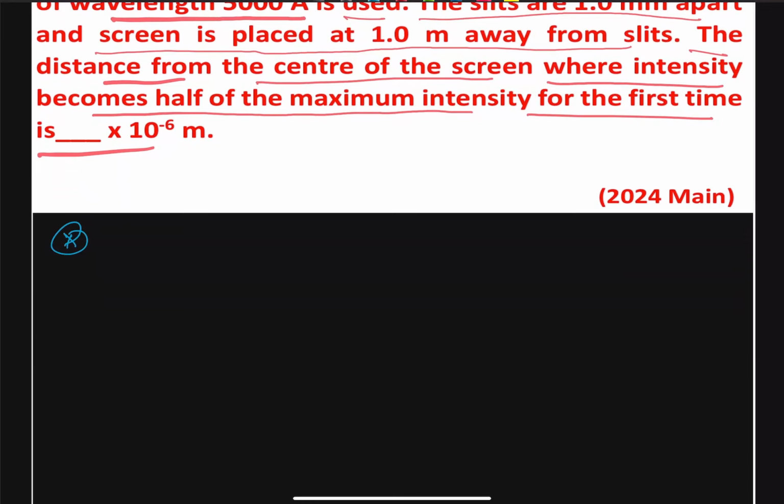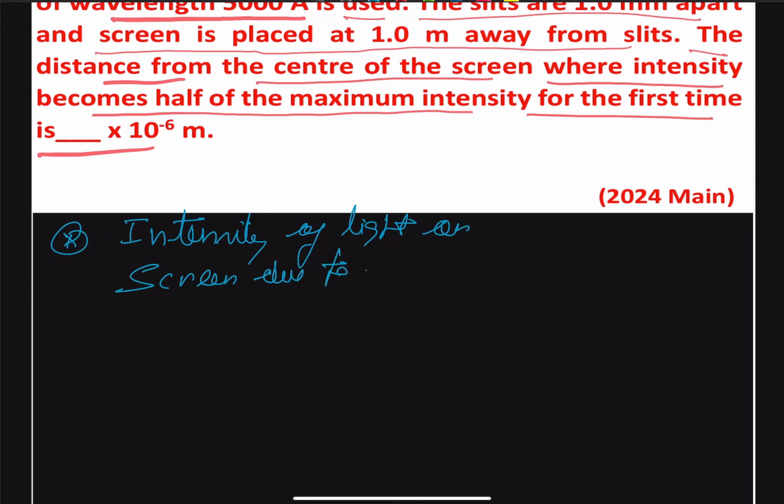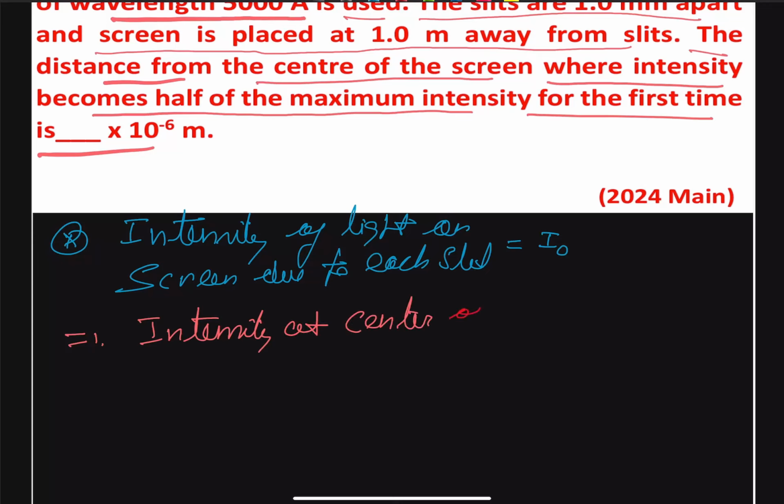So you can say that intensity of light on screen due to each slit is I naught, and from here we can say the intensity at the center of screen will be equal to 4 times I naught, because there are 2 slits and each is having I naught intensity.